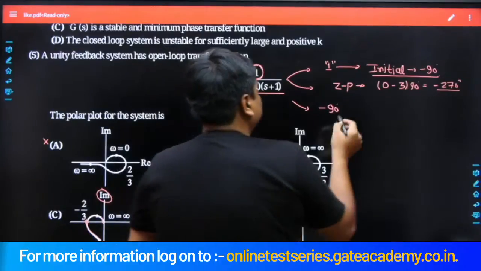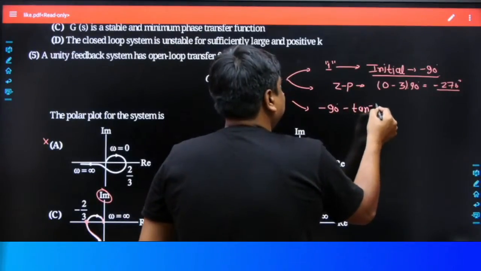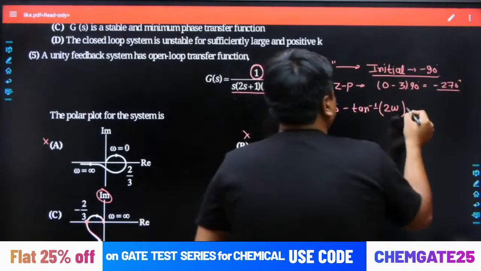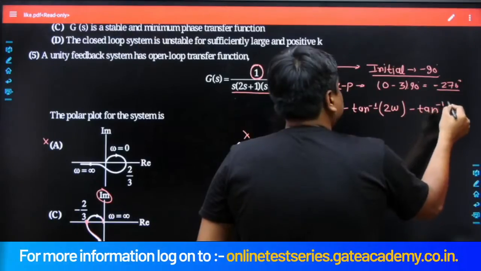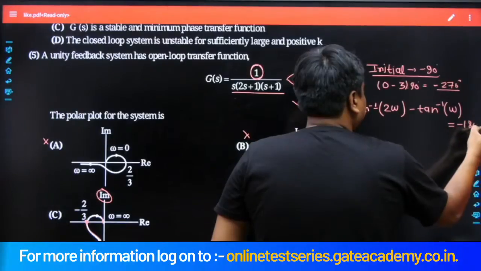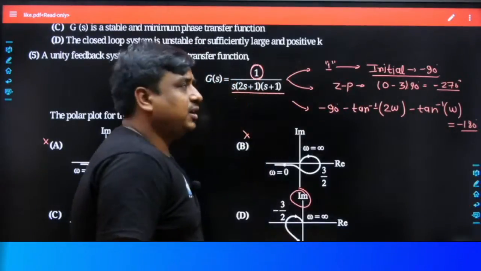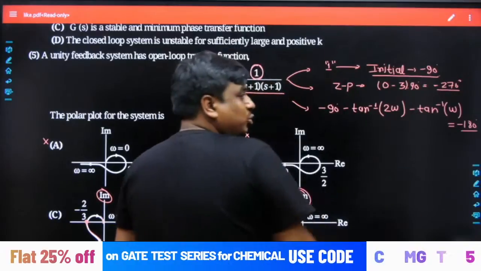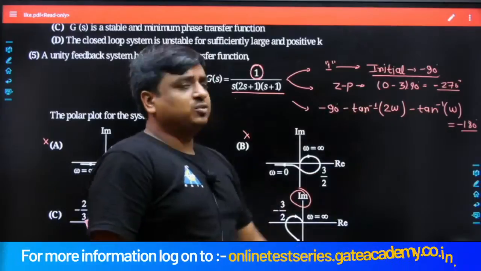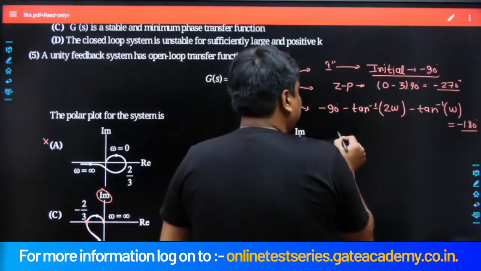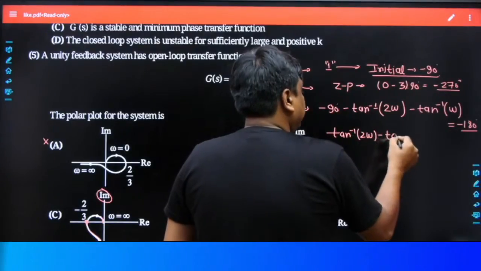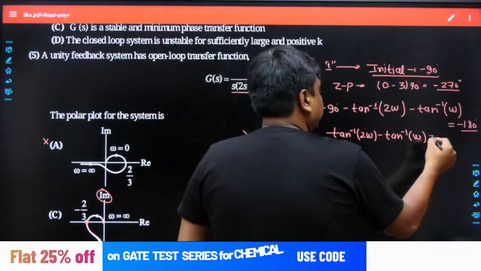Because of 1 upon 2S plus 1, there would be the introduction of minus tan inverse, imaginary part 2 omega, real part 1, and here it is minus tan inverse, imaginary part omega, real part 1, equal to minus 180 degrees. So the minus 90 would be shifted to the right hand side: minus 180 plus 90 becomes minus 90, the minus and minus cancel, and the factor left is tan inverse of 2 omega minus tan inverse of omega equals plus 90 degrees.